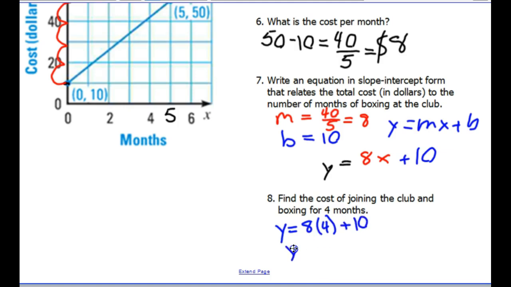So when we do this, we get y equals 8 times 4, which is 32, plus 10, which is 42. So y equals 42. It costs $42 to join the club and box for 4 months.